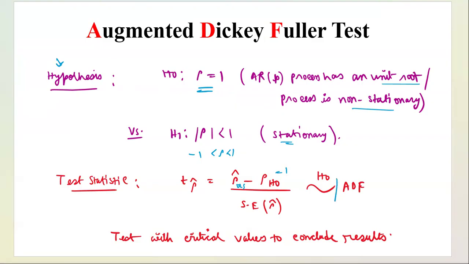Under H naught, it will follow the ADF distribution. So again, like Dickey Fuller, you also have an augmented Dickey Fuller table in your statistics book. That will help you compare with the rejection region. The test statistic and critical values can be compared in order to find the rejection region, and the inferences can be drawn accordingly.